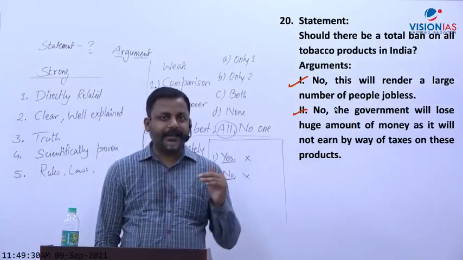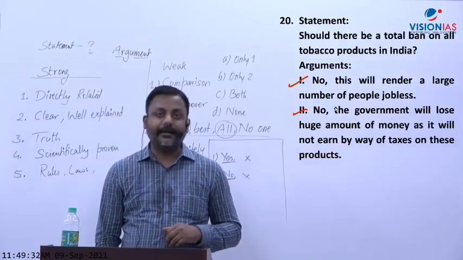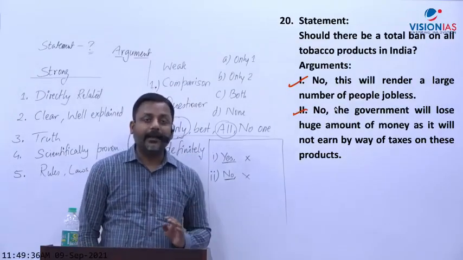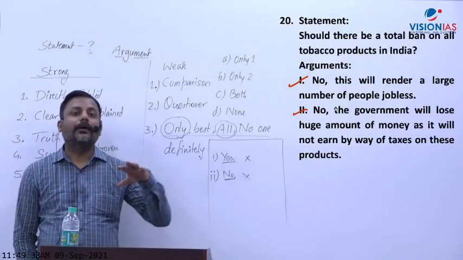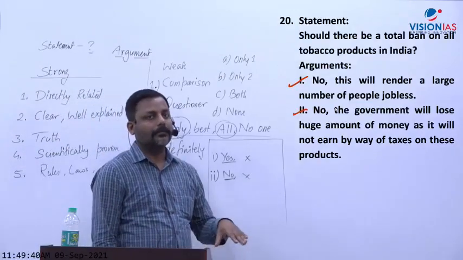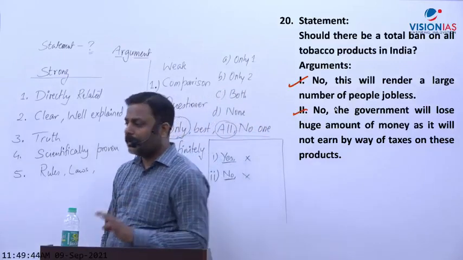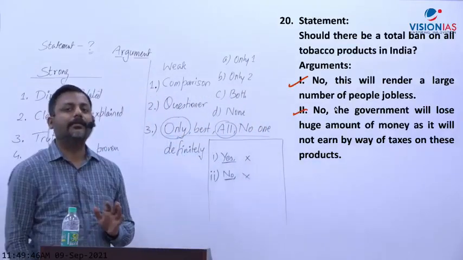See, what is there in our mind is that the ideal answer should be yes, it should be banned. But we have to go for the reason why to ban it and why not to ban it. See, basically argument is just like group discussion, GD.